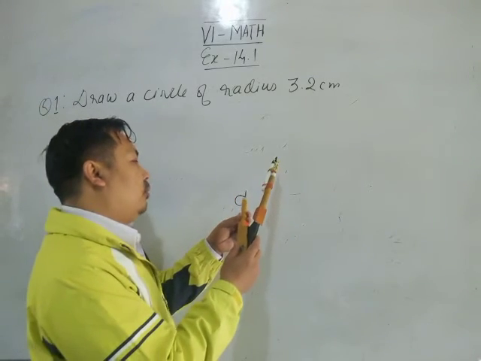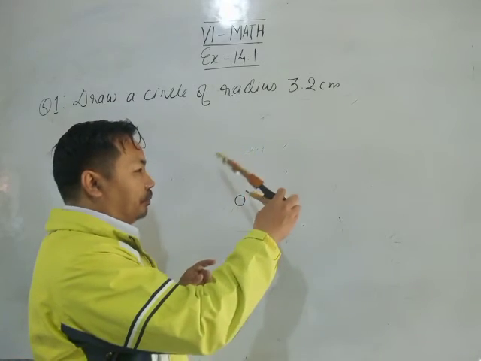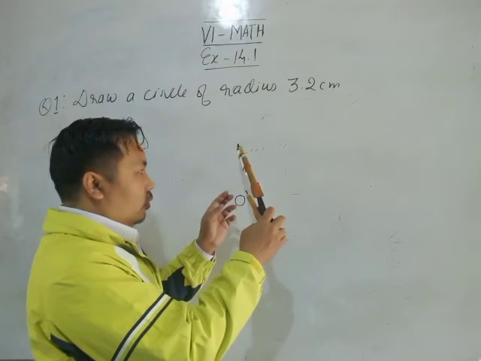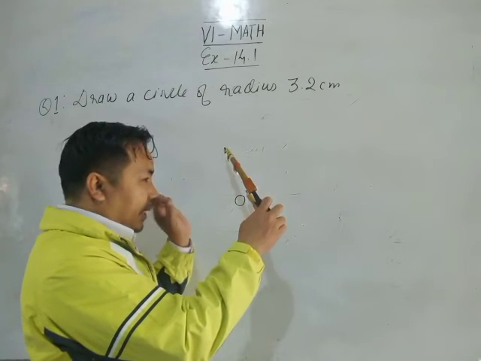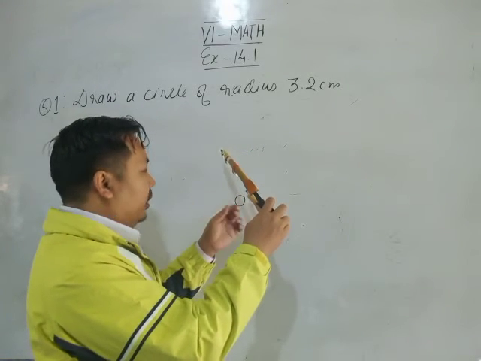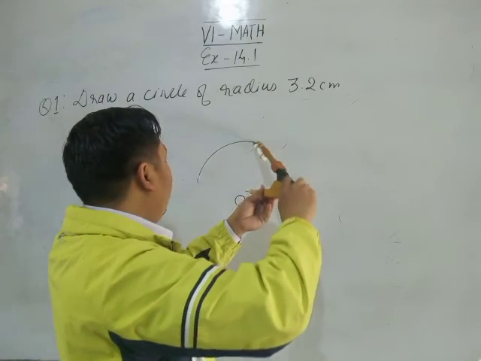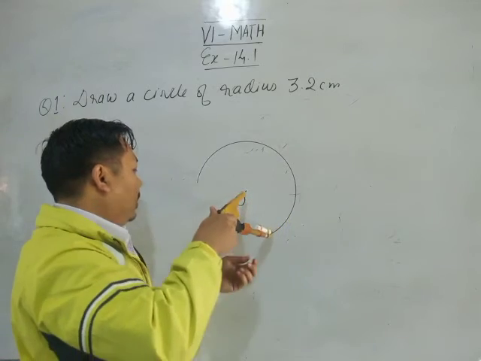And the center means you have to put the pointer on the point. So place the pointer on the point O. Then what we have to do? We have to complete one turn like this.